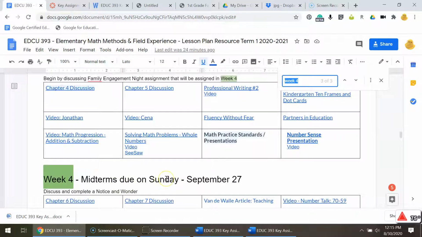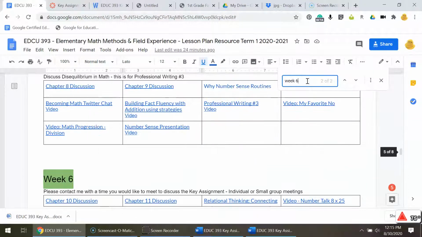the midterms are going to be due on that Sunday, but I just want to talk about, not week 4, I apologize, it's week 6. What we're going to do is that I want you to contact me with a time you'd like to meet and discuss the key assignment. I would be more than happy to meet with everyone on an individual basis or in small group meetings.